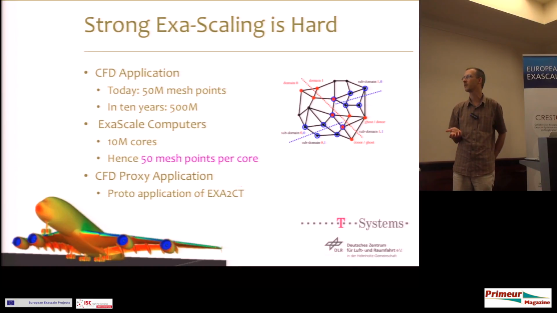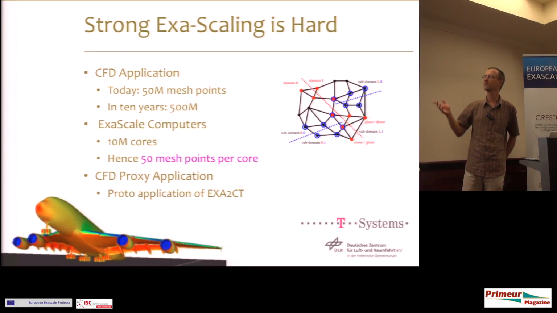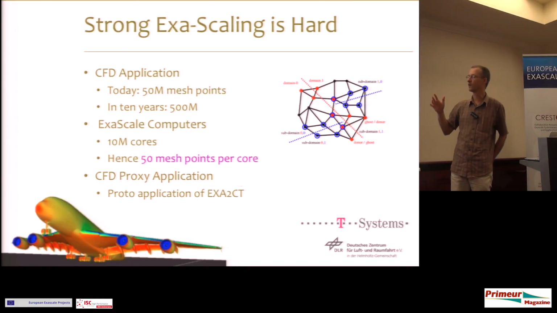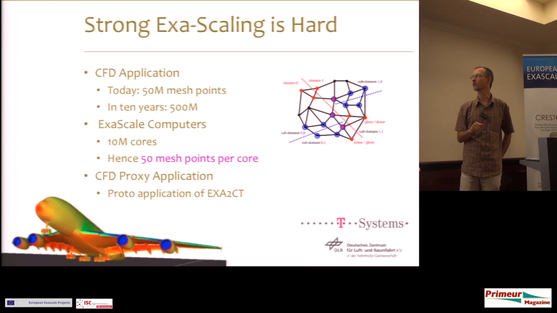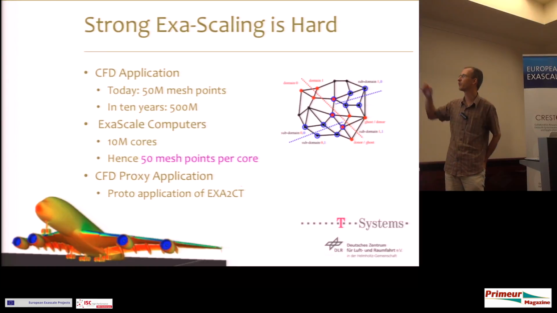So what does this mean for this specific application? For a certain way of subdividing your mesh across your cores, you have many fewer mesh points per core, which means you have many more mesh points on the boundary of your cell that is allocated to that core.